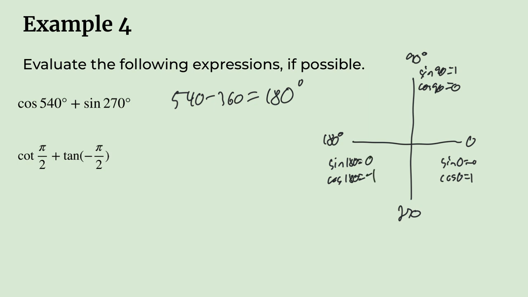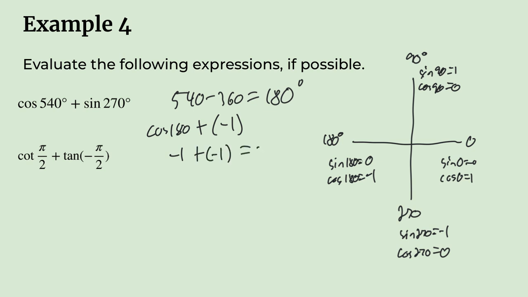And then for 270, sine is negative 1, cosine is 0. So 540 degrees is the same as 180 degrees, same coterminal. So cosine of 180 plus sine of 270: sine of 270 is negative 1, cosine of 180 is negative 1. So negative 1 plus negative 1 equals negative 2.